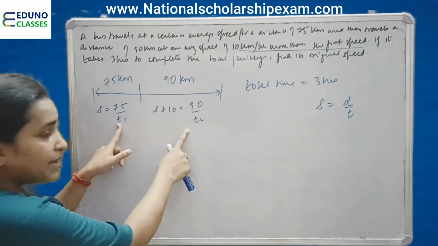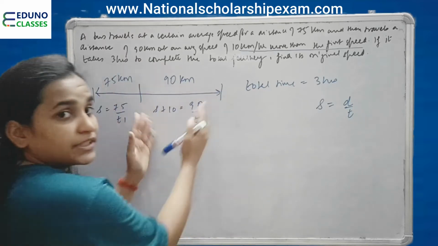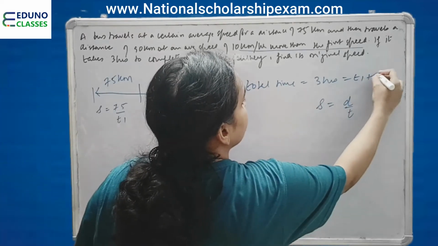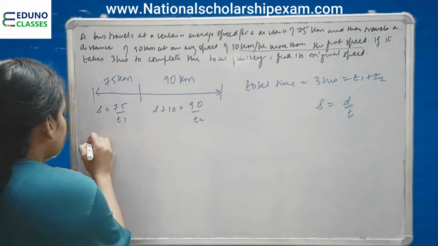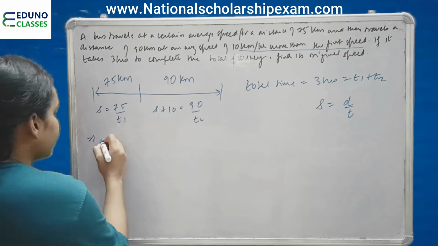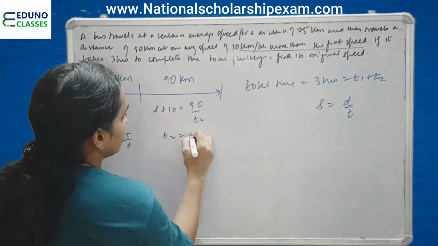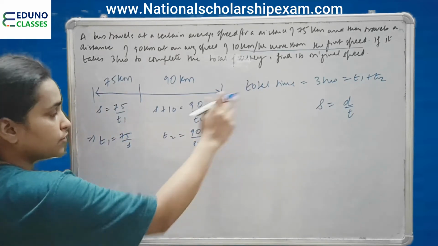Total time taken by the first part was T1 and by the other part was T2, and total time was 3 hours. So T1 plus T2 is equal to 3 hours. I know this.